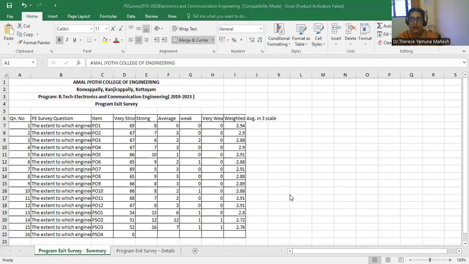Now I would like to show you the sheet for the indirect assessment of the PO, and this is achieved from the program exit survey form. In the beginning of the semester, we put forward some questions for the program exit survey. So the students will be answering that, and the count is taken for very strong, strong, average, weak, very weak, and the weighted average in a scale of 3 is taken over here.